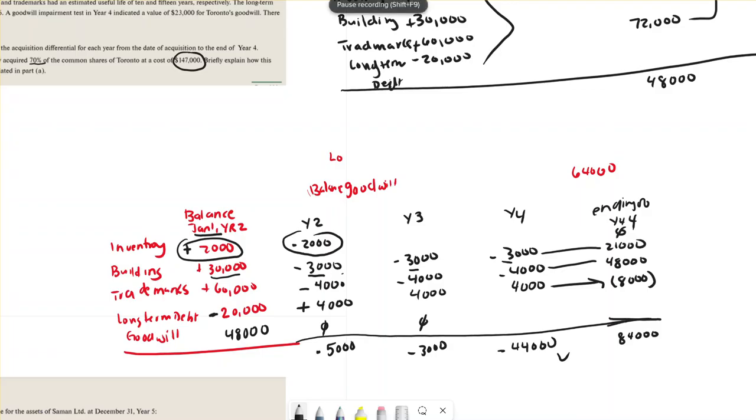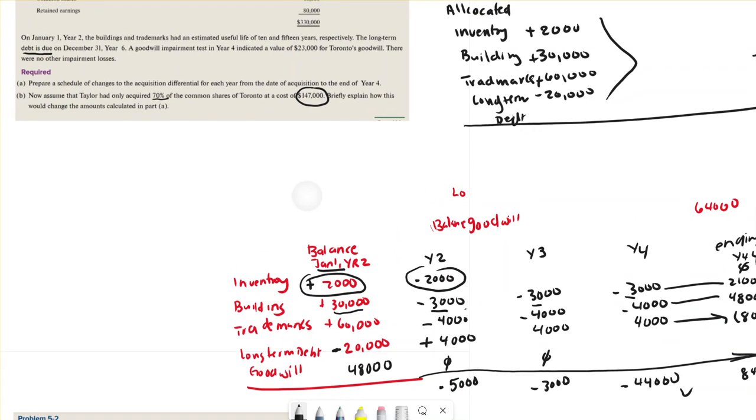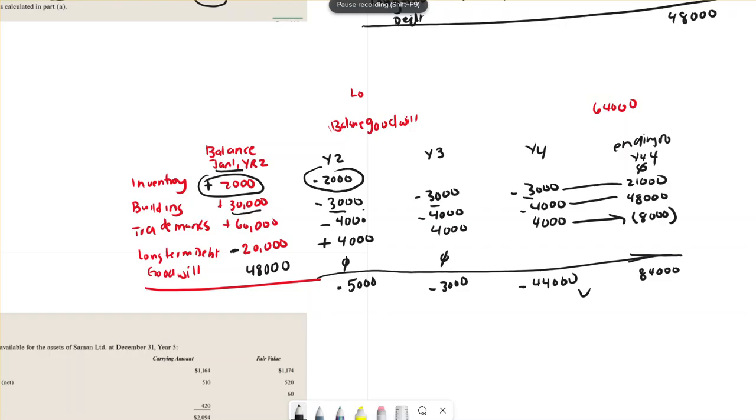And what happened to my goodwill here? They said the goodwill, we need the value of 23,000. A difference between the both, we are going to test for impairment. If we test for impairment, I take the difference between the both numbers. That will be my 25,000.